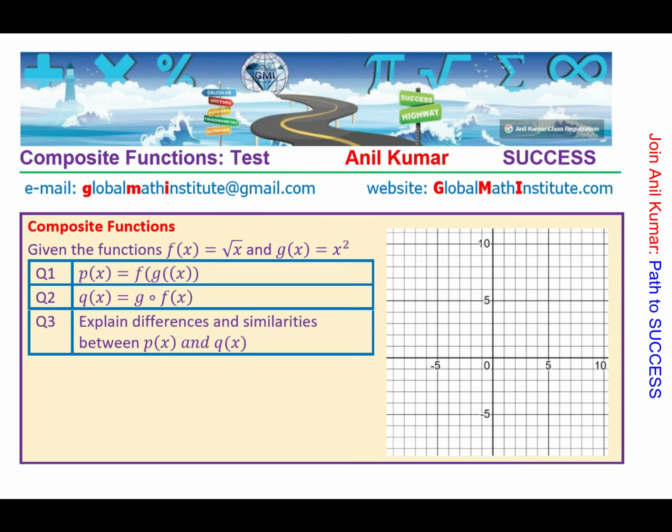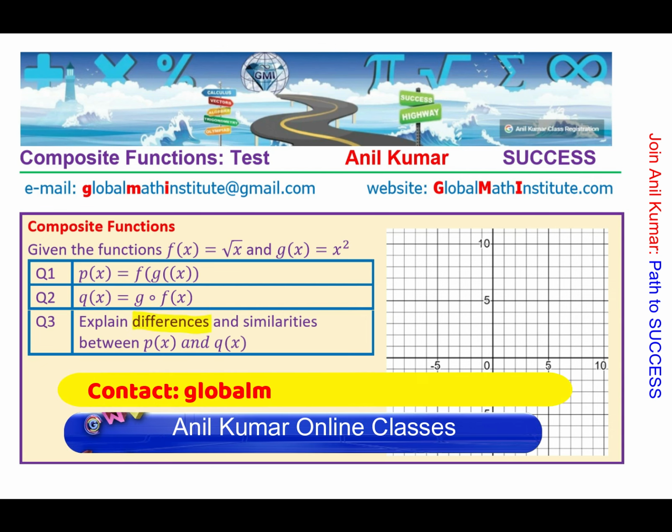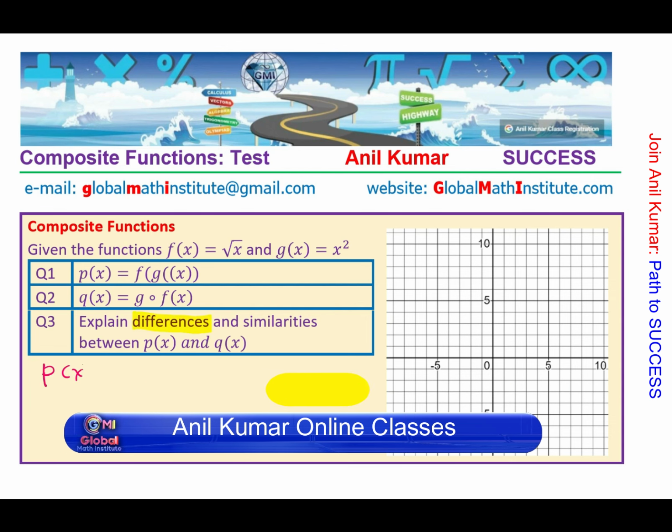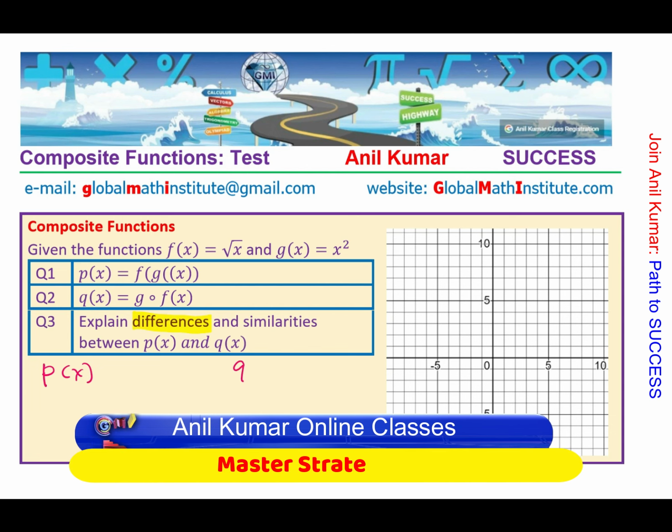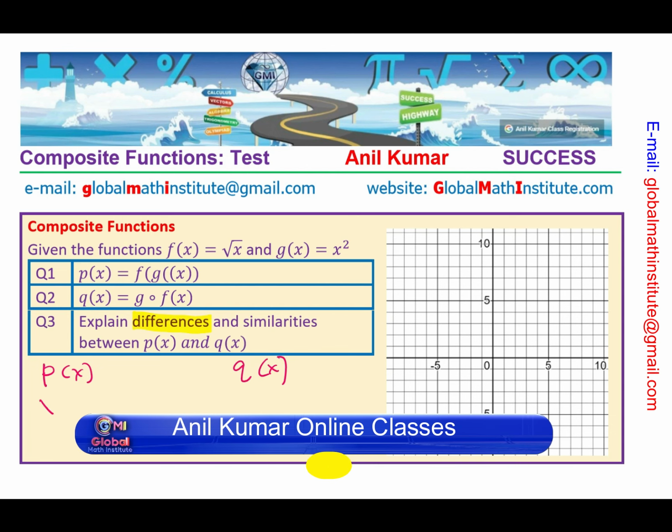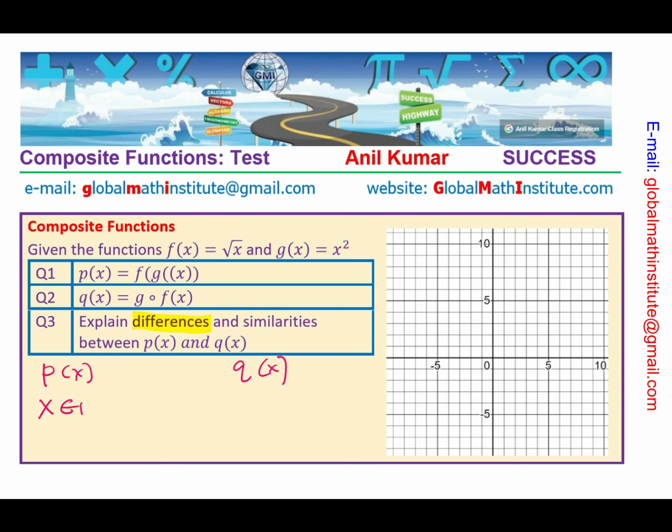So that brings us to question number 3, where we need to find the similarities and differences between the two. As far as the differences are concerned, clearly their domains are different, right? As far as p of x and q of x are concerned, we know that for the domain, x belongs to real numbers in the first case, but in the second case, x does not belong to all real numbers.